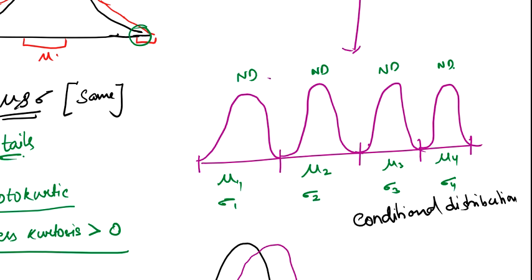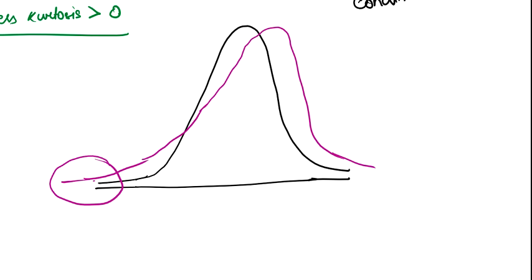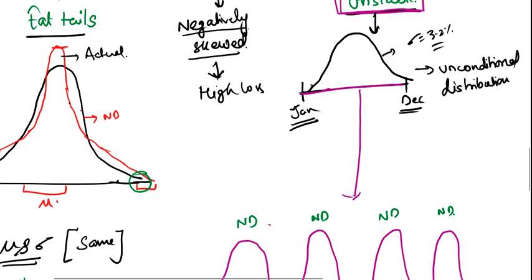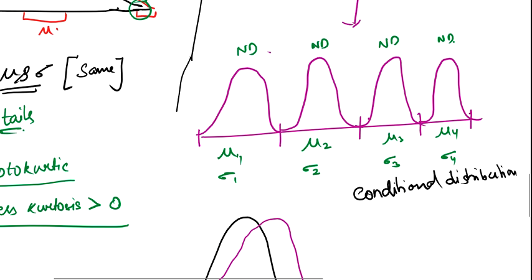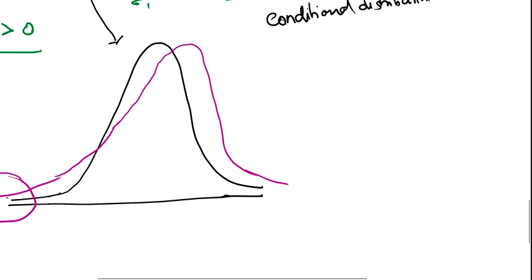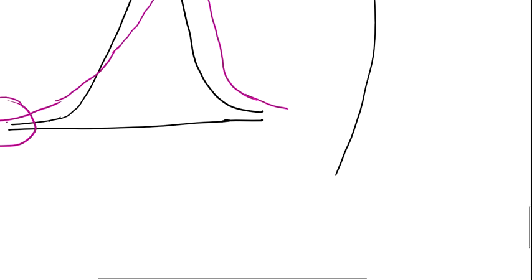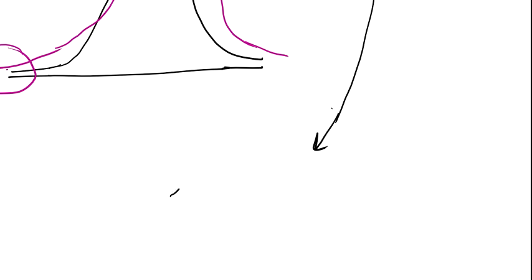Now let us understand and let us prove this portion wrong. So let me complete the thing. This portion I am mapping with this graph, and this conditional distribution I will be discussing from this side.